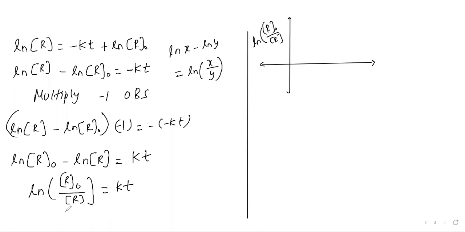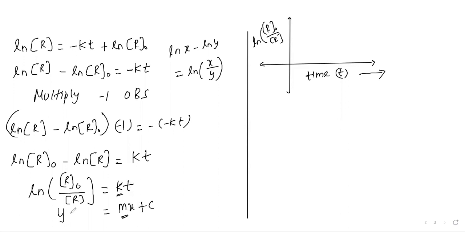If this is compared with y equals mx plus c, I am taking this one as y, equals mx plus c, right? So x is time, you will be taking time on the x-axis. Plus c. The slope is positive. m equals k, where k value is positive, right?